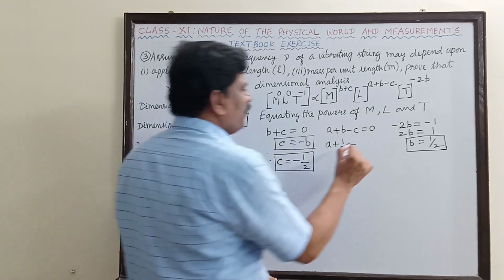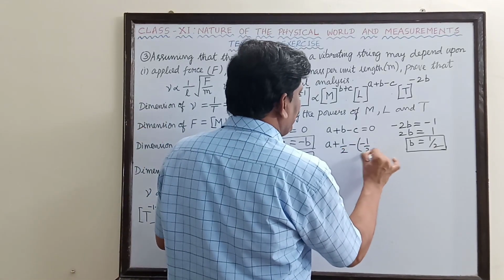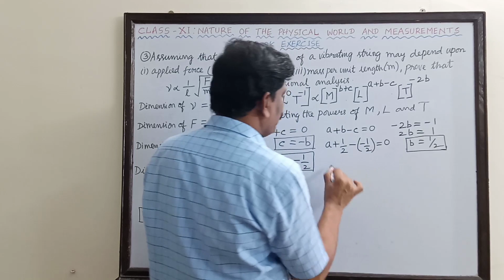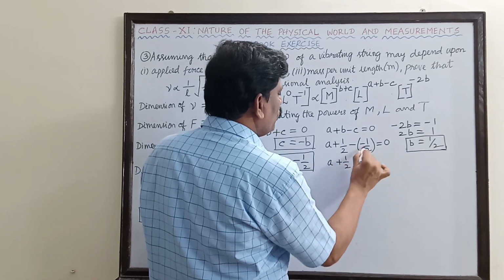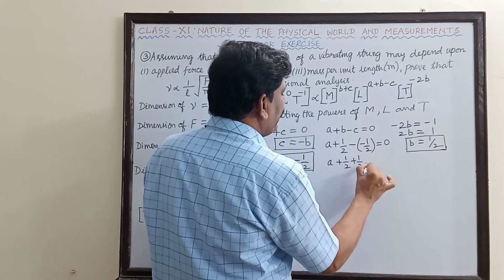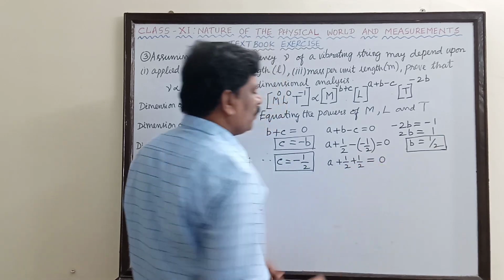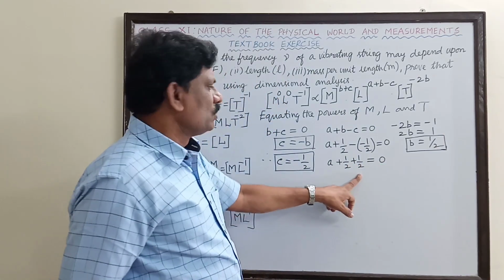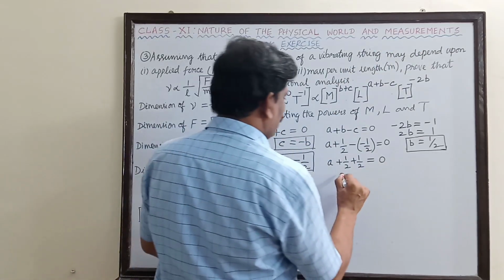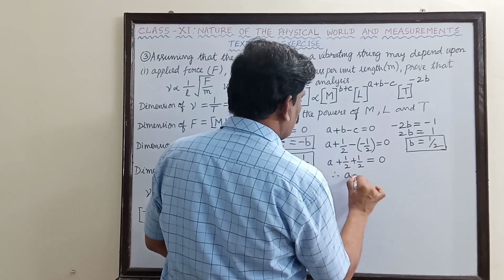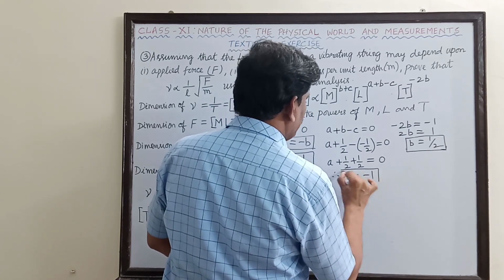So minus of minus half is equal to 0. So a plus 1 by 2 plus 1 by 2 is equal to 0. Half plus half is 1. So when you take this 1 to the other side, a will become minus 1. Therefore a is equal to minus 1.